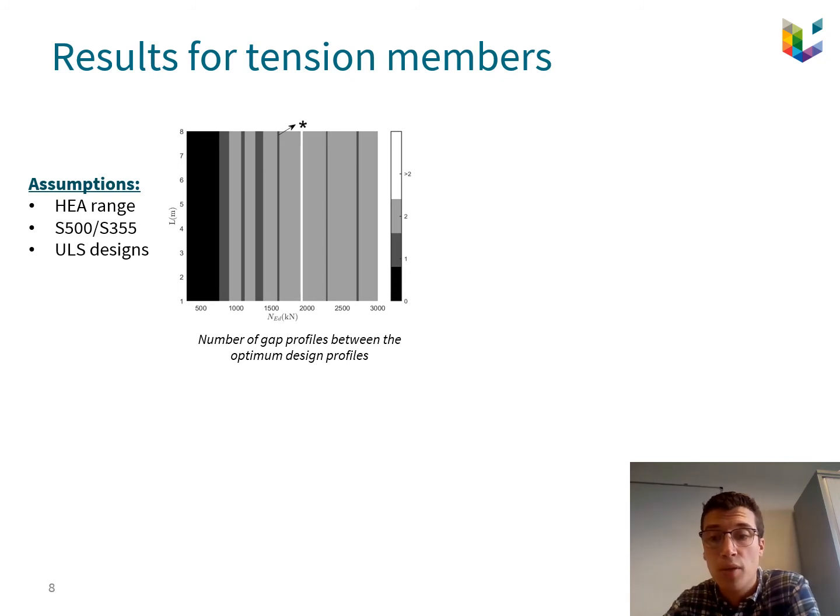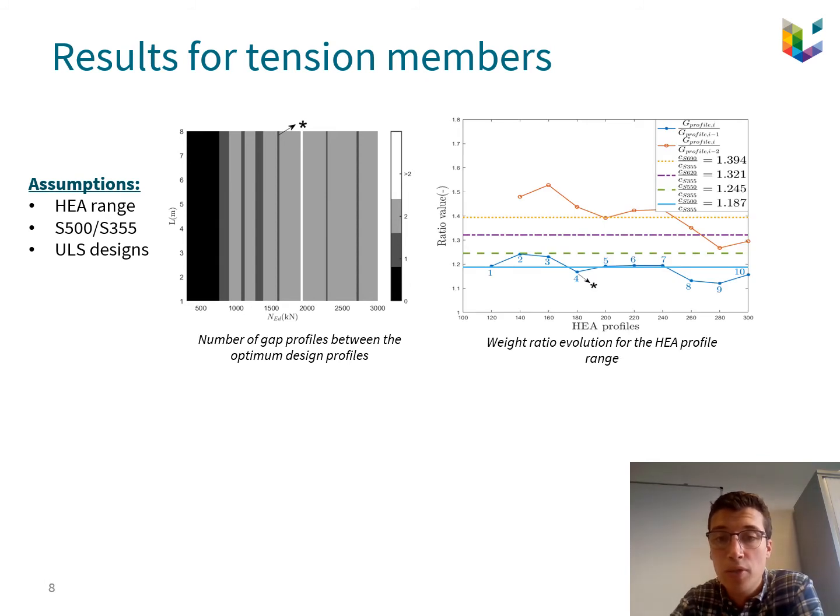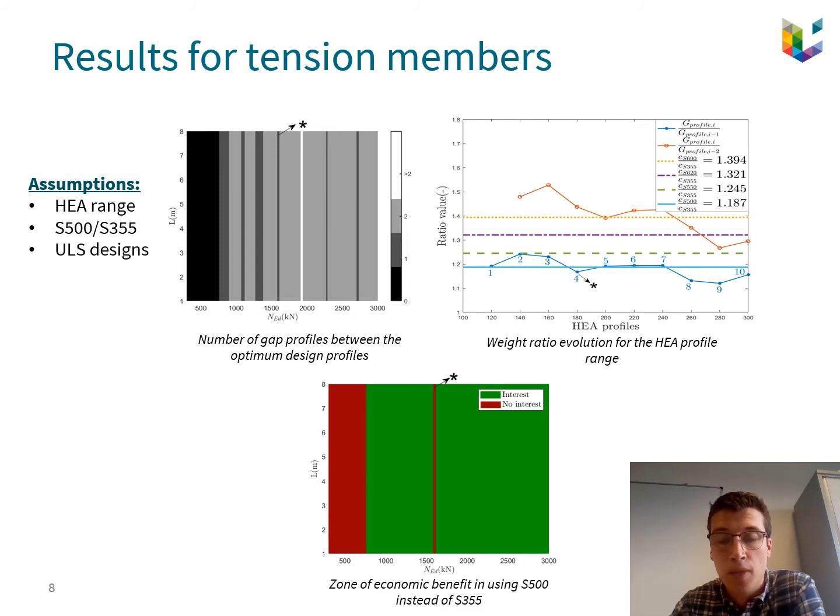But to know if there is an interest or not, you need to know if the weight ratio is below or higher than the relative cost. So we plot the weight ratio evolution for the HEA profile range, and as you can see, it is not a constant, so sometimes the weight ratio is below, sometimes it's higher than the relative cost.